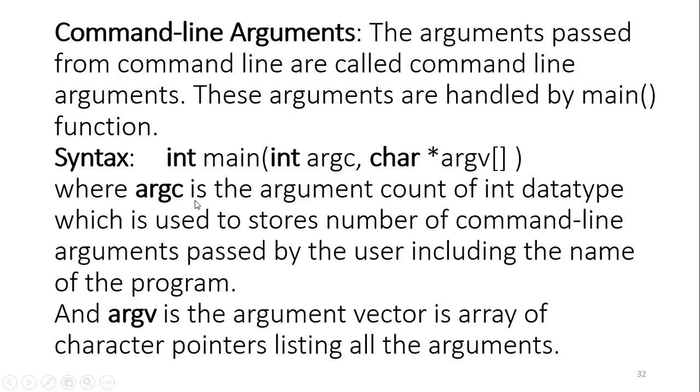where argc is the argument count of int data type, which is used to store the number of command line arguments passed by the user, including the name of the program.